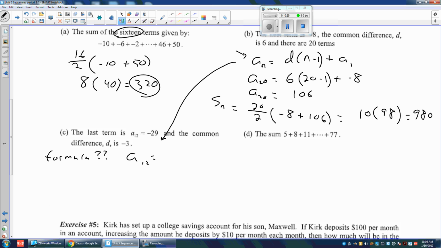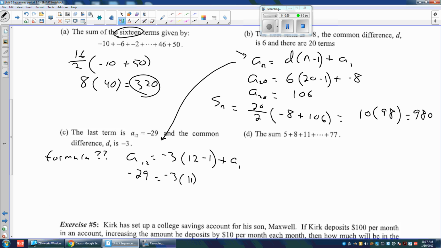A sub 12 equals, or we can use A sub n equals the difference. The difference is negative 3. The number of terms is 12. And we don't know what the first term is, but we do know that the last term is negative 29.